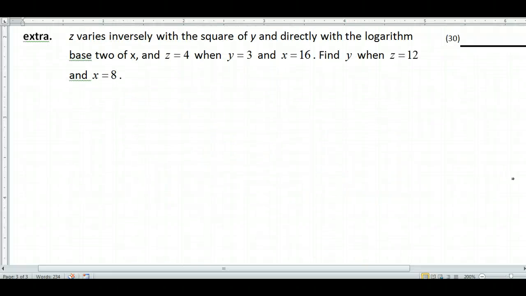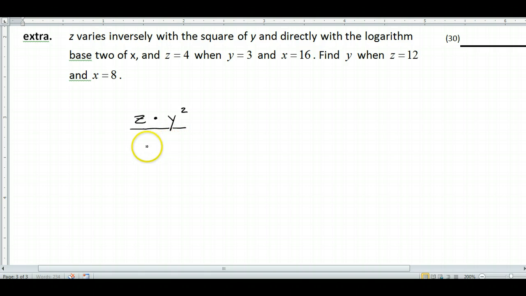Z varies inversely with the square of y and directly with the logarithm base 2 of x. Okay, let's try that. So Z varies inversely with, that means you have to multiply it together, right? So inversely with the square of y. So it's not y, it's just the square of y. And directly means you have to divide. That's what it means. Check out the notes we did on that.